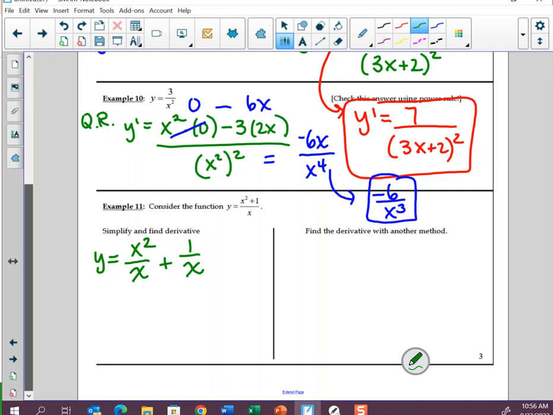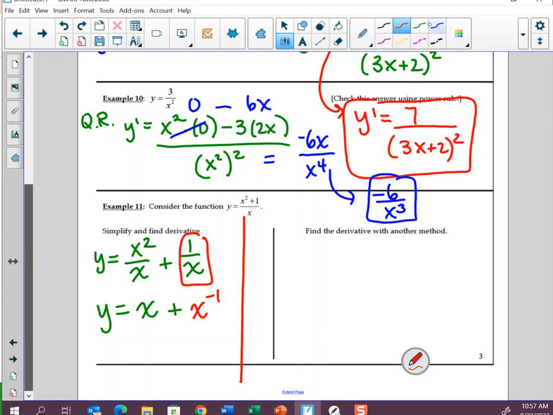If you do that, then this is the same as x plus, and that I probably wouldn't leave as a quotient. 1 over x, I would write as x to the negative 1, and then you can take the derivative from that.